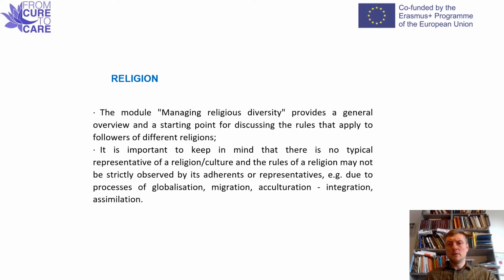So our module, Managing Religious Diversity, provides a general overview and a starting point for discussing the rules that apply to followers of different religions. But what is of vital importance is to keep in mind that there is no typical representative of a religion, and of course of culture, and that rules of a religion may not be strictly observed by its adherents and representatives.